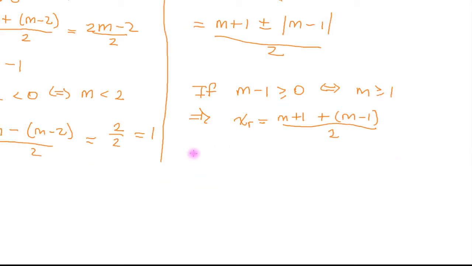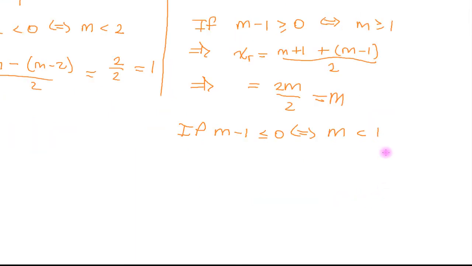So this implies that the root is m plus m, which is 2m, 1 minus 1, which is 0, divided by 2, which is m. If m minus 1 is less than or equal to 0, which is equivalent to saying that m is less than 1, then the root becomes m plus 1 minus m minus 1 over 2.